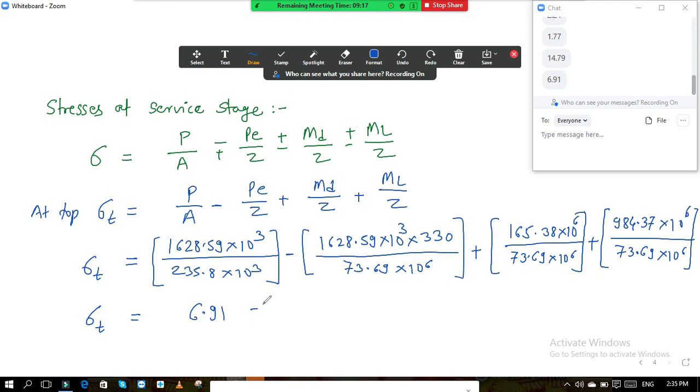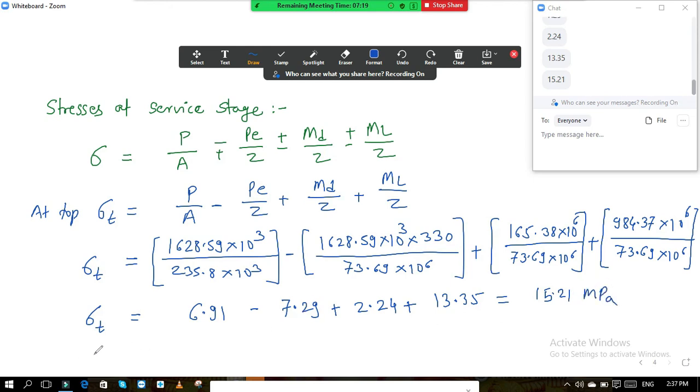Minus P by Z, how much does it come to? 13.35. Now do the algebraic sum of this, Newton per mm square.